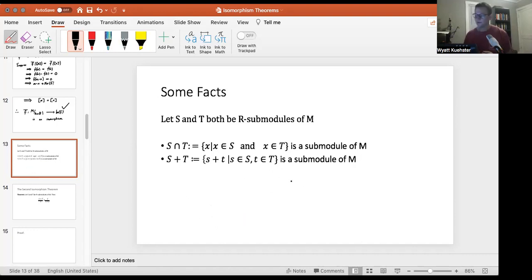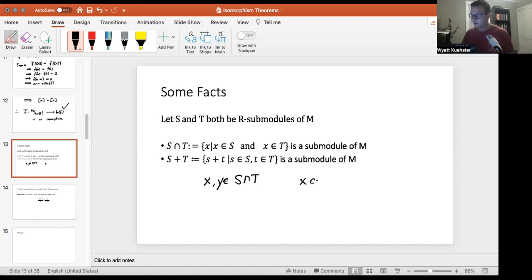And the reason that that is a submodule and not just a subset is that if I have X and Y, some elements of the intersection, then it means that X and Y are in both, right?